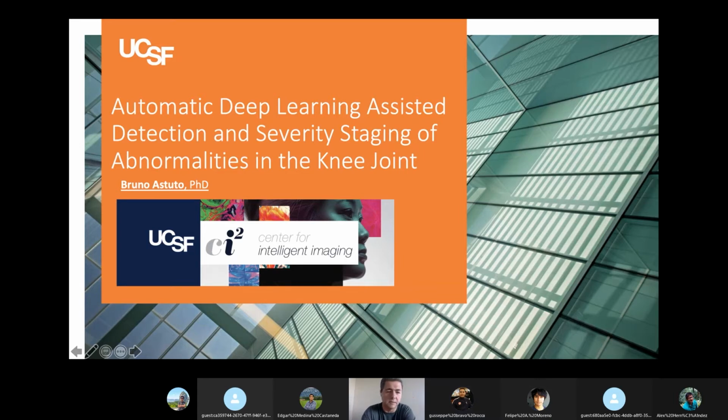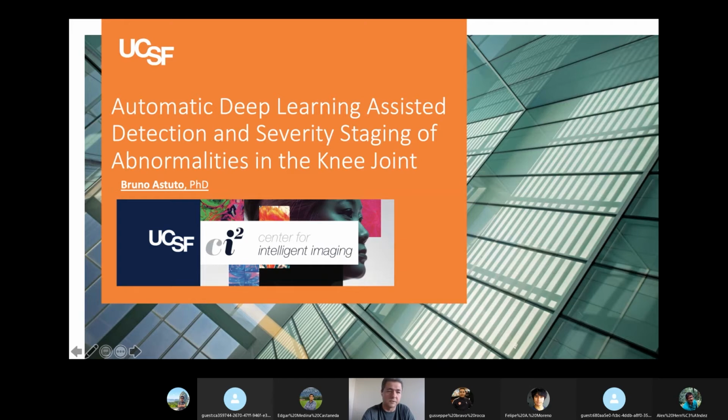As I said, this is a work I did in my first 2 years at UCSF. We published it last year at Radiology AI, a journal on artificial intelligence applied to radiology.